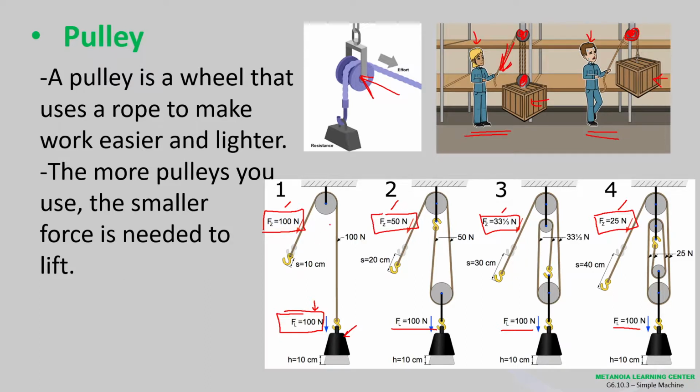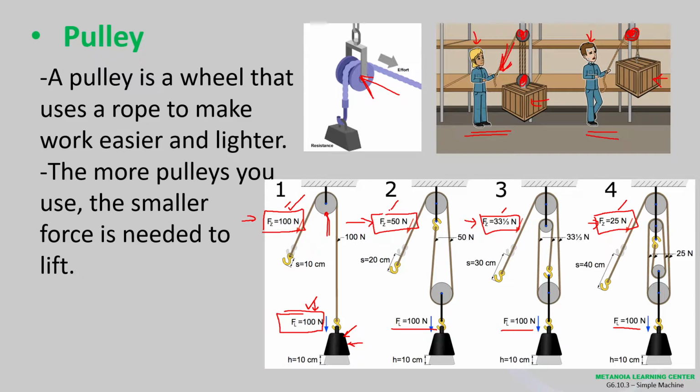So bakit nga ba? Using one pulley, the amount of force needed to lift 100 newtons is 100 newtons as well. Okay? So, ganun yung force na nandyan sa taas ngayon, this one refers to the amount of force applied that you need to lift this load up. Okay? So, if you notice, with one pulley, 100 newtons ang kailangan to lift a 100 newton load.